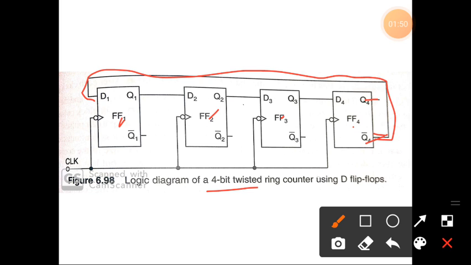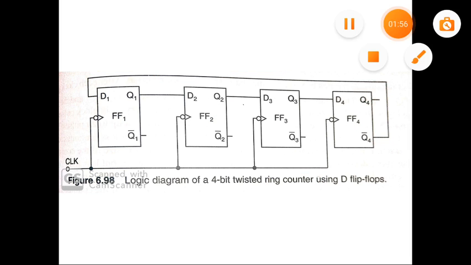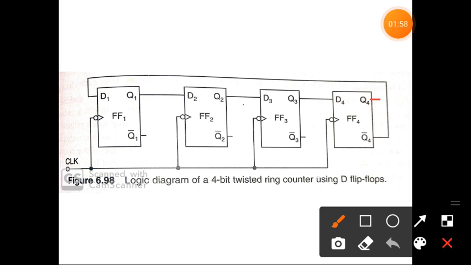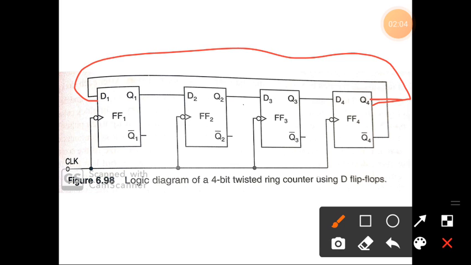What is the difference between ring counter and Johnson counter? In the ring counter, the output of the last flip-flop is connected to the input of the first flip-flop. Here, the inverted output is connected to the first flip-flop.